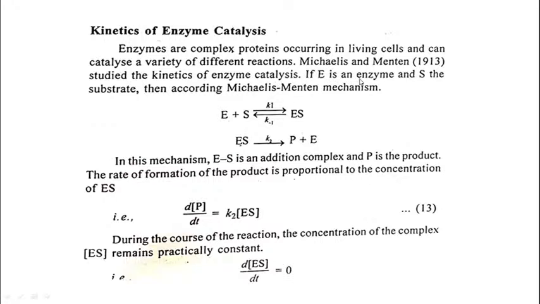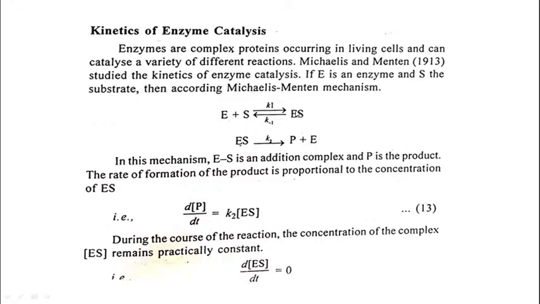Let us see, if E is an enzyme and S is the substrate, then according to the Michaelis-Menten mechanism, there is formation of the intermediate ES, where K1 is the rate constant for the forward reaction.